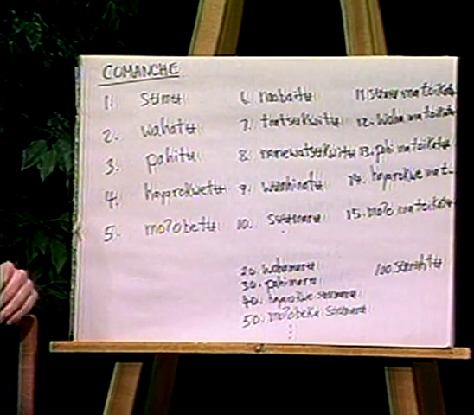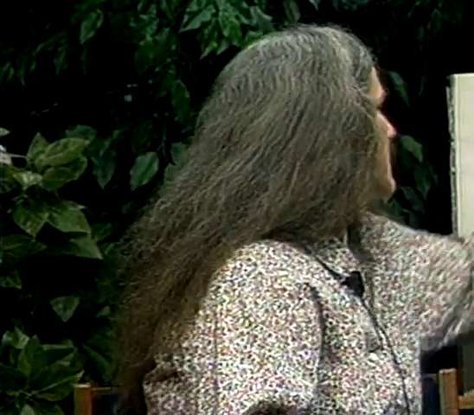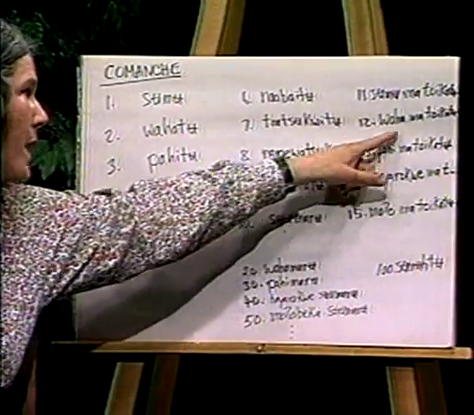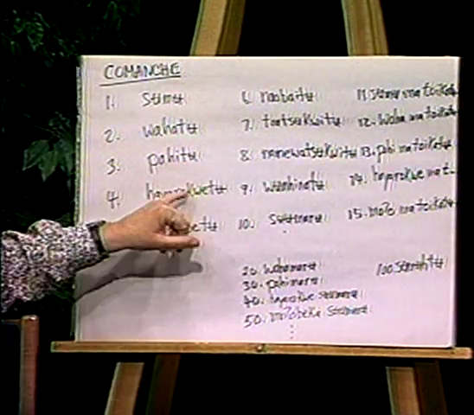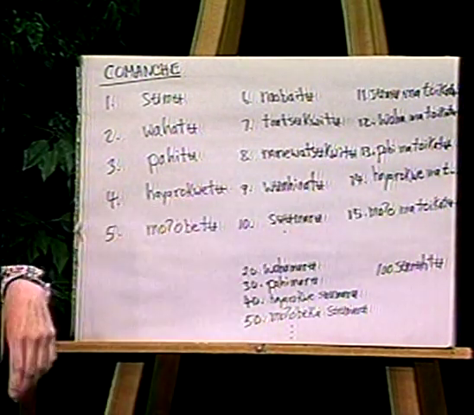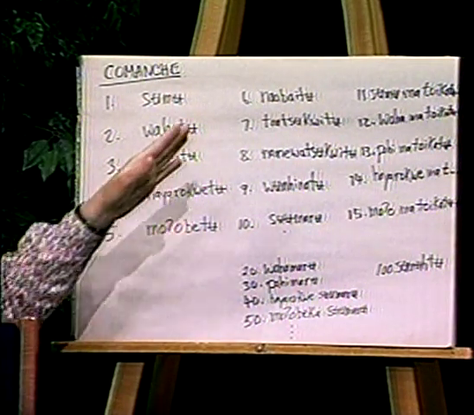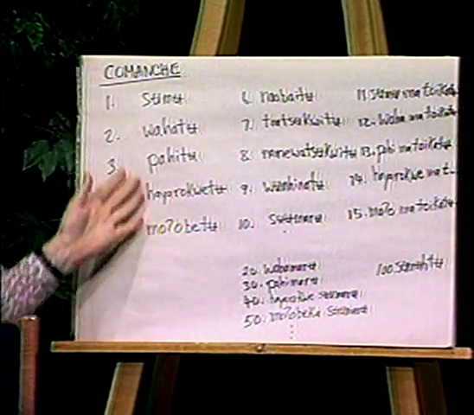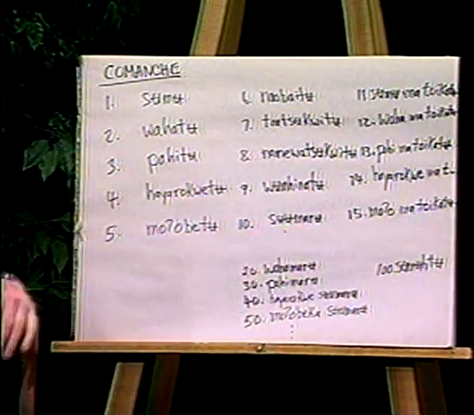But the idea is that this is 1 on top of 10, 2 on top of 10, 3 on top of 10, and you can see the suma, wahata, waha is a shorter form of that, bahita, pahi is a shorter form of 3, hayarokwe is a shorter form of 4, and so on. So the teens are all very logical and systematic in Comanche, and they're clearly related to the single-digit numbers, as in English, but even more so. And it's by way of saying that it's so many on top of 10.